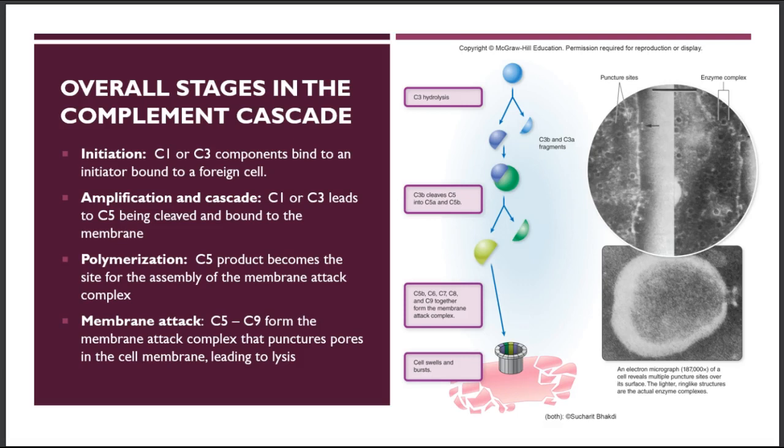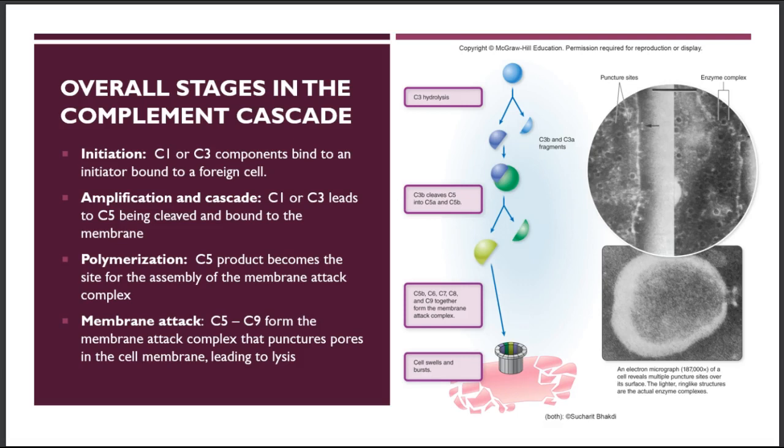The next step is polymerization. The C5 compound then becomes the site for the assembly of an attack on the membrane of this organism. And the membrane attack involves C5 through C9. So C6, 7, and 8 all together are going to form this complex.